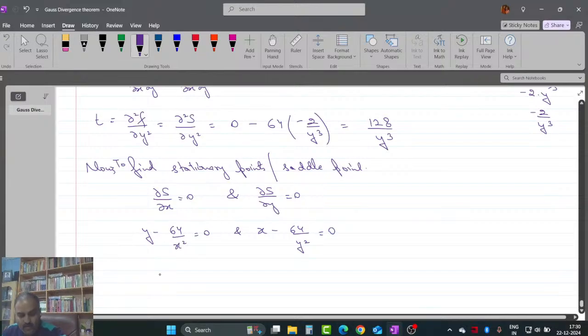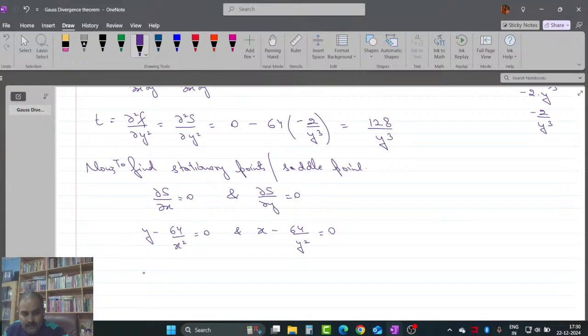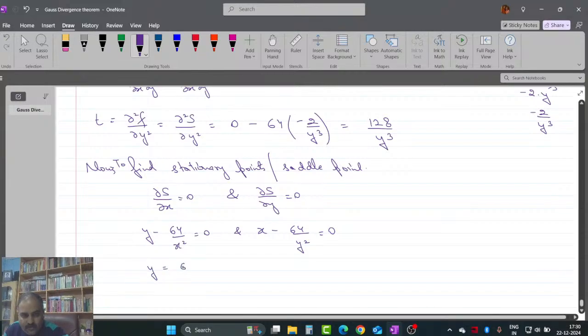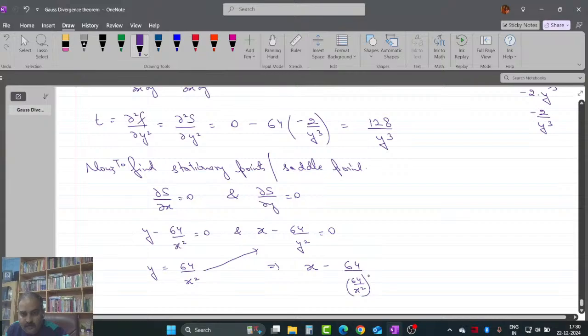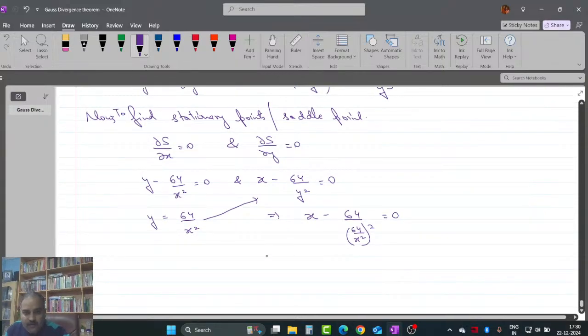Okay, now you need to solve these two equations by any method. So what I do, y is equal to 64 over x square and substitute in this one. So this implies x minus 64 over (64 over x square) whole square is equal to 0. So it will be x minus 64 over 64 whole square into x to power 4 is equal to 0.